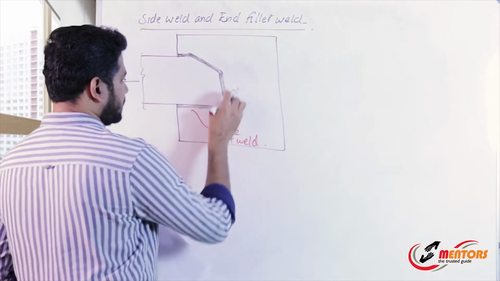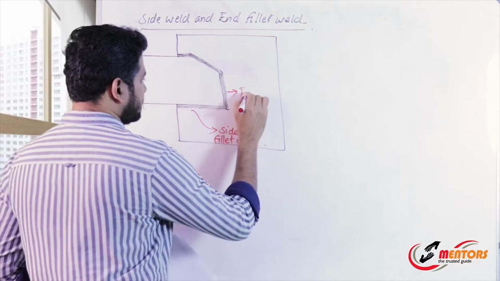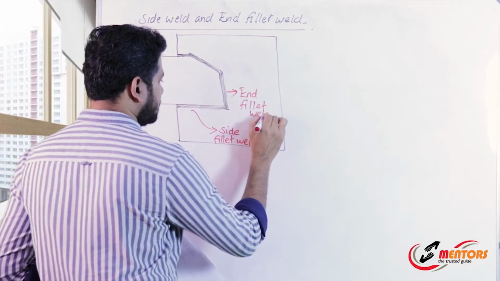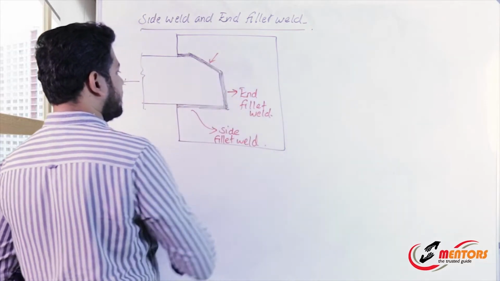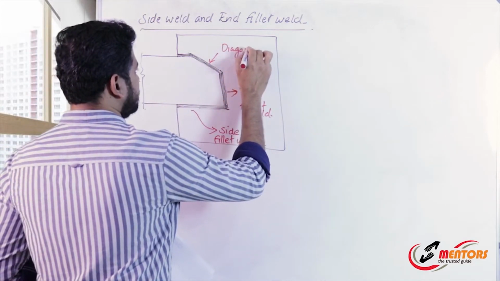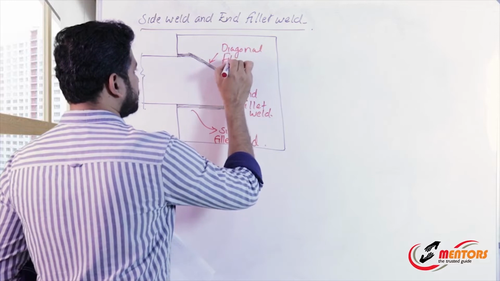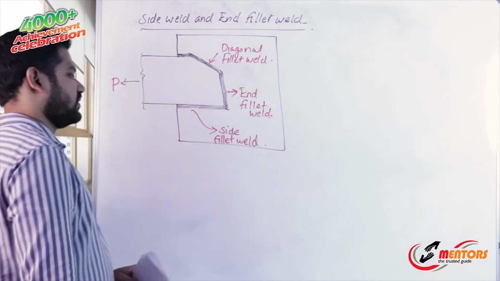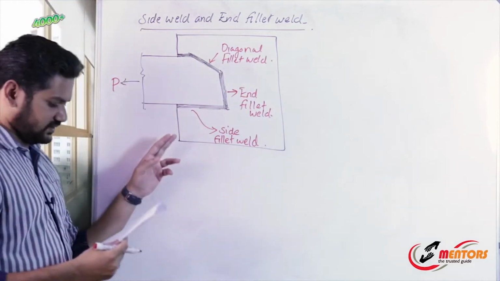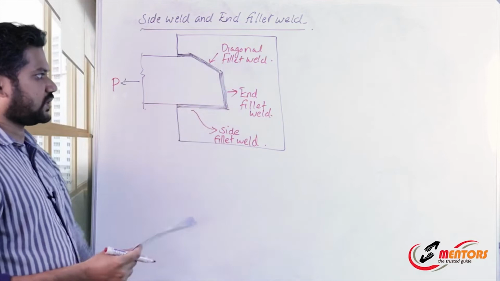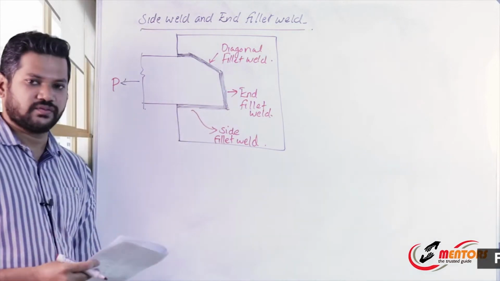At this point the weld is called the end fillet weld, and this weld is considered the diagonal fillet weld. So the three types of fillet weld are marked here based on the direction of load: the side fillet weld, the end fillet weld, and the diagonal fillet weld.